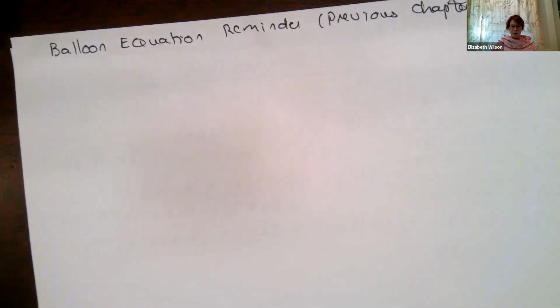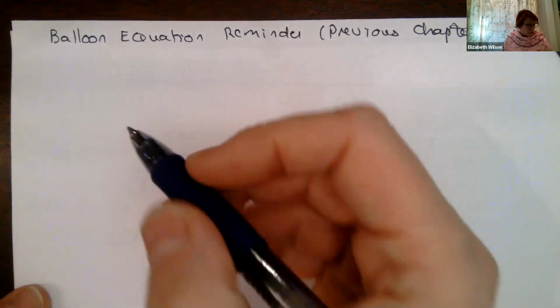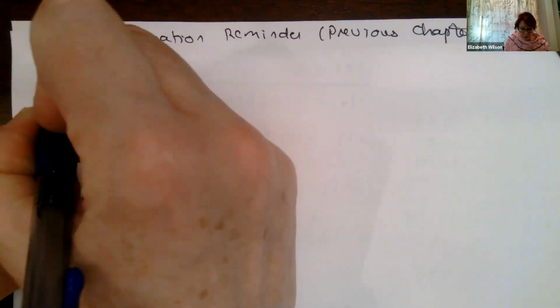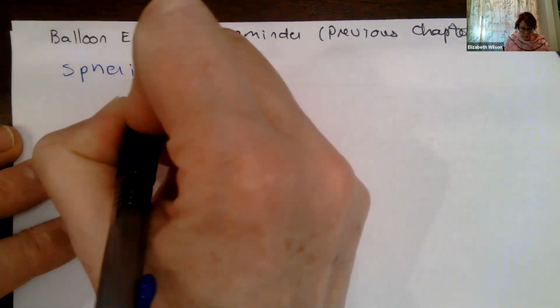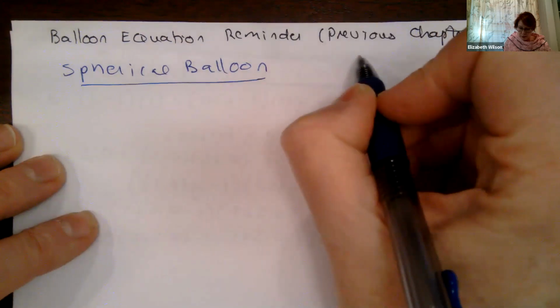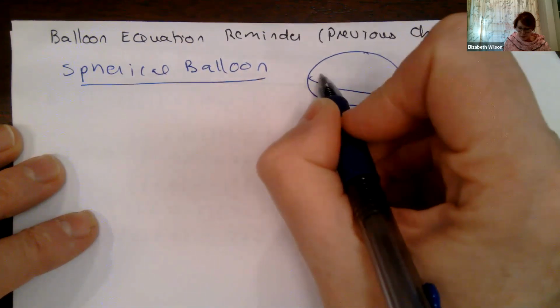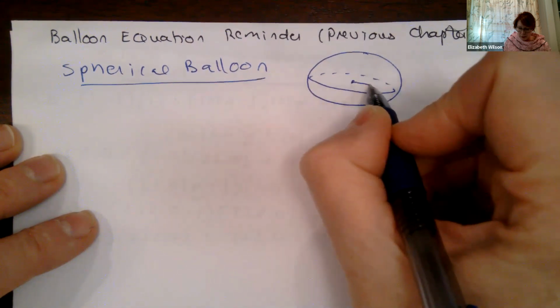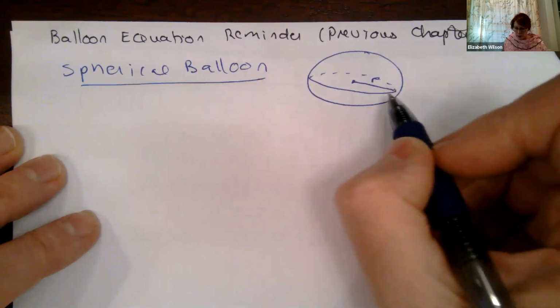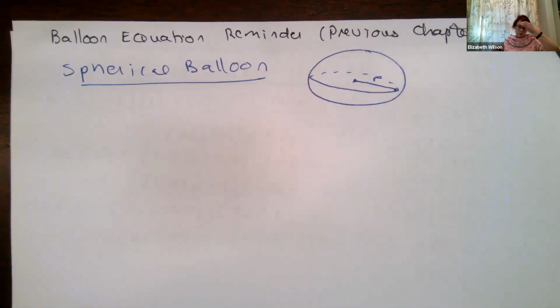I'm going to do a quick review of what I mean by the balloon equation. This was from a previous chapter. It was about related rates, right? Where we have a spherical balloon. I know balloons in real life aren't spherical unless you buy that special kind, but here's a radius, and we always measure the radius at the equator, the largest part of our sphere.